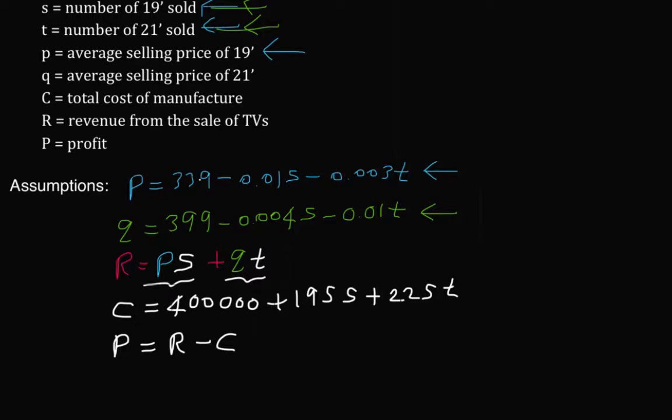Okay, so we know the R, we know the C, so then we can just plug into this equation. Now we know S is greater than or equal to 0 and also T is greater than or equal to 0. These are the assumptions. Then what is the objective?